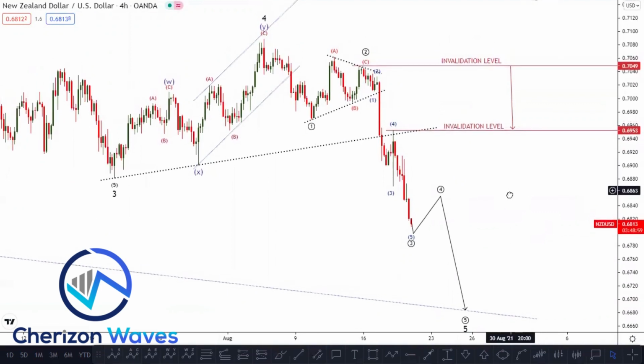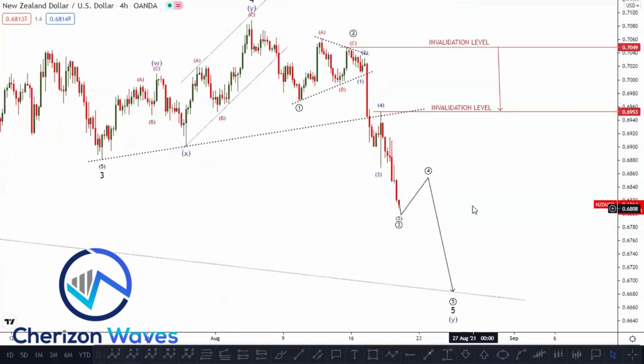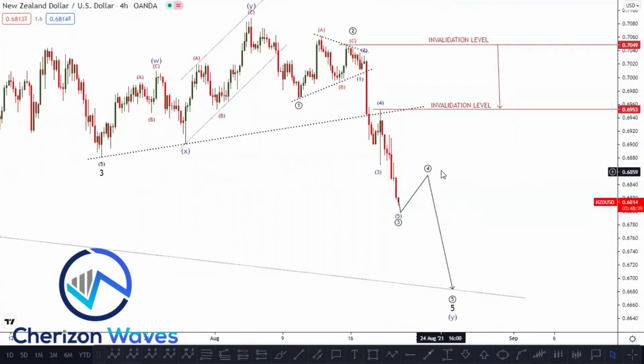In this pair, we moved stops to the end of 4, similar to what we did on AUDUSD. Clearly this was a breakout, and wave 4 was the retest, and we're still on the 5th wave of the major wave 3. After that, we will be looking at a correction for wave 4 and then targeting this channel.